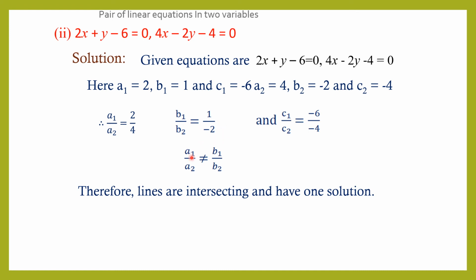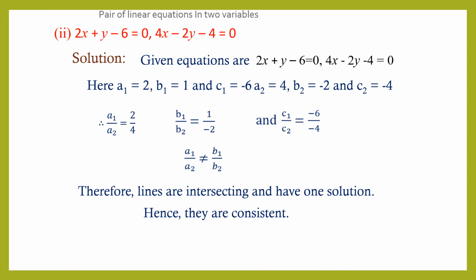So a1 by a2 is not equal to b1 by b2. Now what do you observe? The given lines are intersecting lines, which means they have a unique solution, and they are consistent lines. Therefore the lines are intersecting and have one solution, hence they are consistent lines.